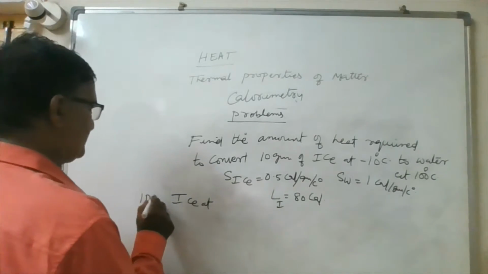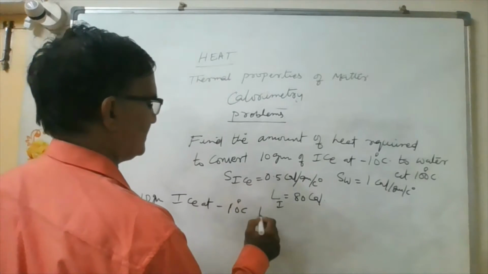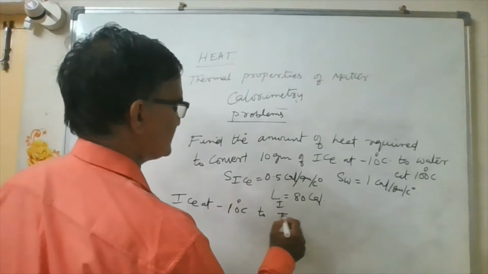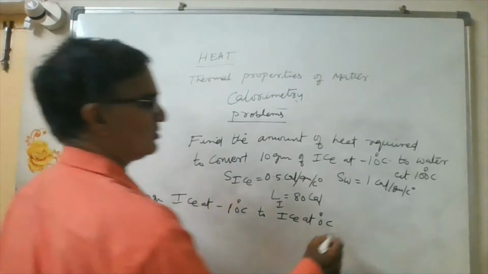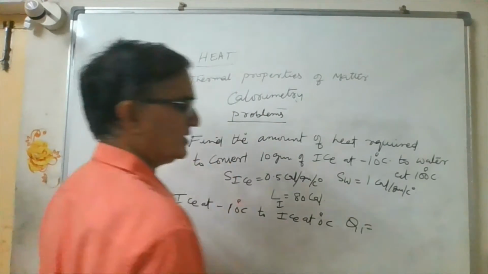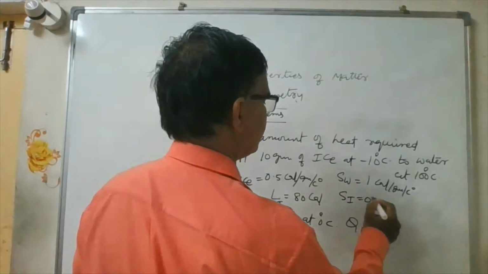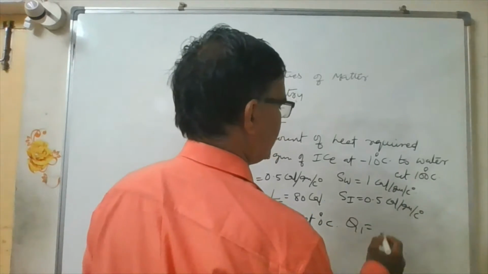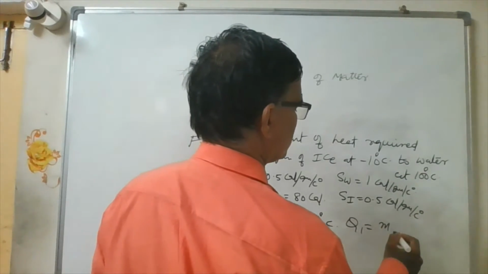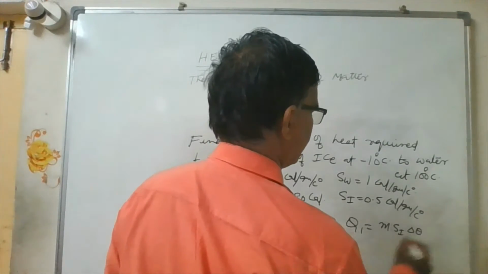Okay. Now here, first, ice at minus 10 degrees centigrade to ice at 0. This is Q1. Q1 is equal to m into specific heat of ice, 0.5 calorie per gram per degree centigrade, into delta theta.